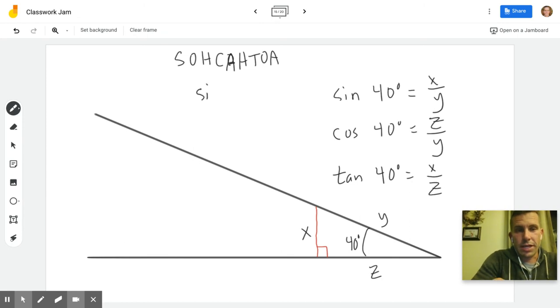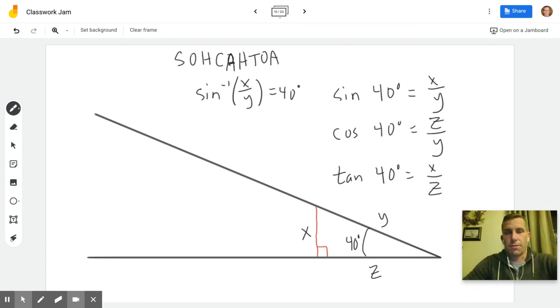The inverse sine of x over y equals 40 degrees. So this time, we're using the sine inverse and the relationship between the lengths of x and y to determine the angle measurement.